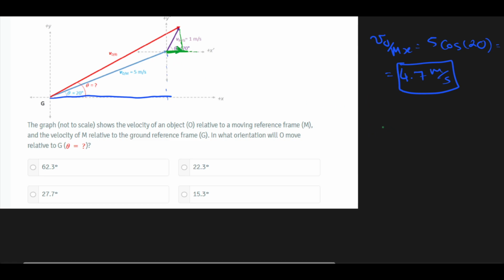So it's Vm with relation to G, x is going to be equal to 1 times cosine 70. And this is equal to, let's see, so cosine 70 is 0.34, so 0.34 meters per second. Second value, we got it.